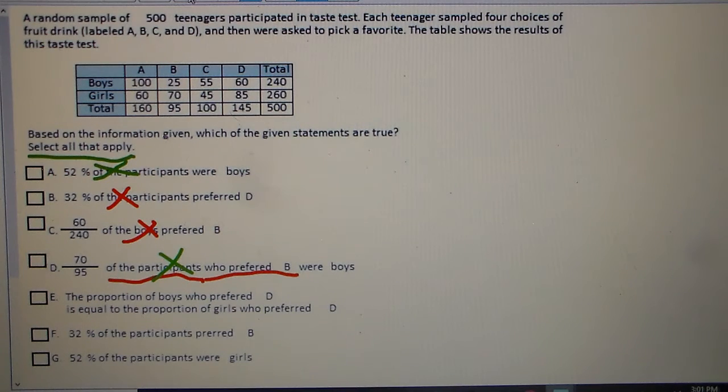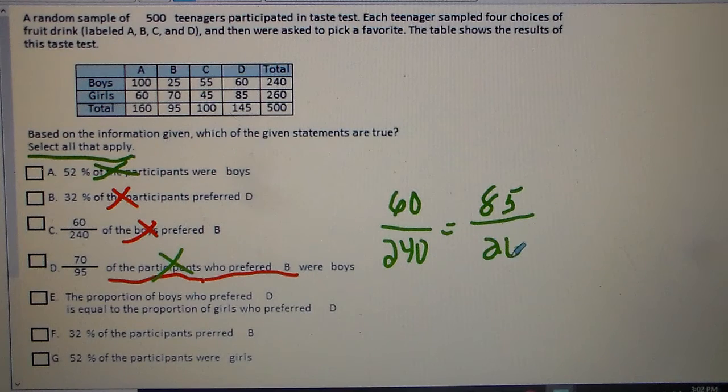The proportion of the boys who preferred D is equal to the proportion of the girls who preferred D. So boys that preferred D would be 60 over 240. The girls that preferred D was 85 over 260. So we have to do 60 over 240 is equal to 85 over 260, because it's 85 over 260 of the girls. We cross multiply.